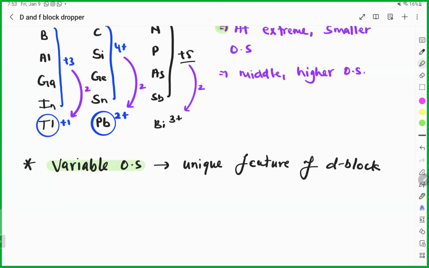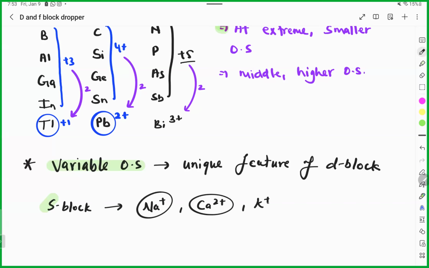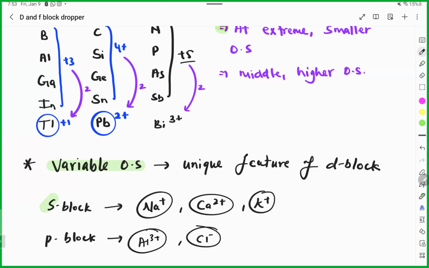But if you look at the oxidation state of s block elements, let's take sodium, you will have only one oxidation state, sodium positive. Calcium will be calcium 2+, or potassium 1+. In the p block, mostly aluminium shows aluminium 3+, mostly chlorine shows chlorine 1-.